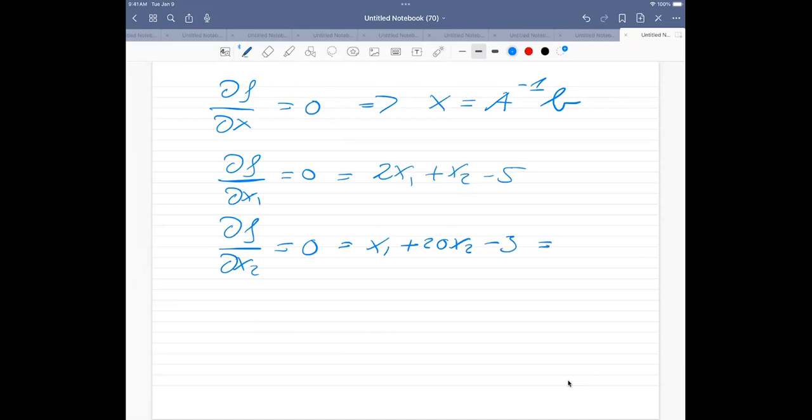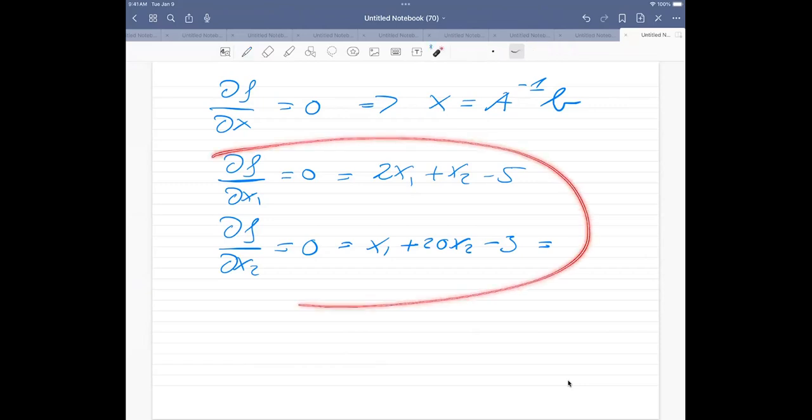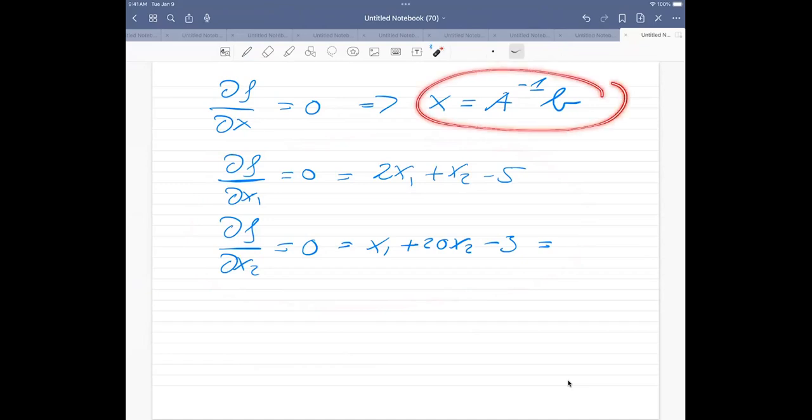So we've seen this many times before. We have two variables, two equations. We know how to solve that. And then we find an expression for x1 and x2. So what you have here is one way of solving the problem, because then you find x1, x2 immediately. Or alternatively, you can start iterating.